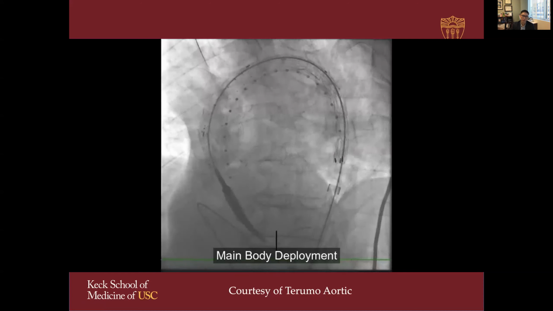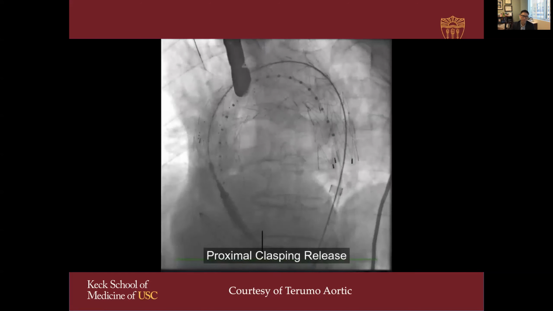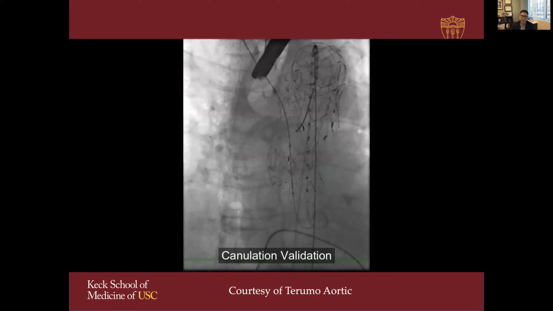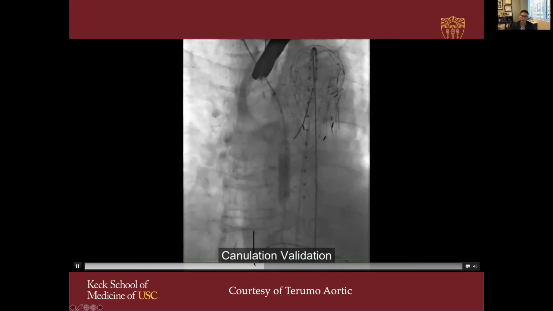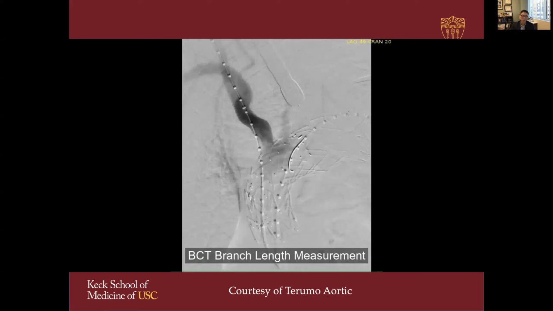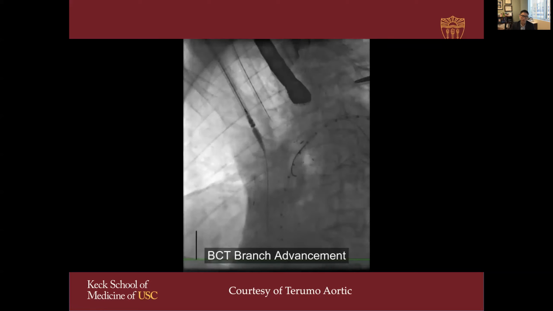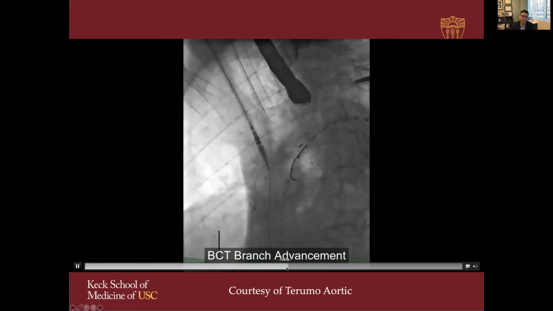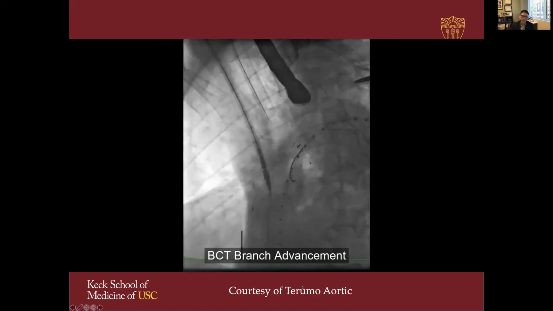Under rapid ventricular pacing, this device is deployed with the final deployment of the proximal clasp. Then sequentially, the innominate and the carotid artery are cannulated through the inner branches that are located next to each other. You always want to confirm branch cannulation. You measure out the length, and you advance the dedicated branch stent into each portal one at a time.